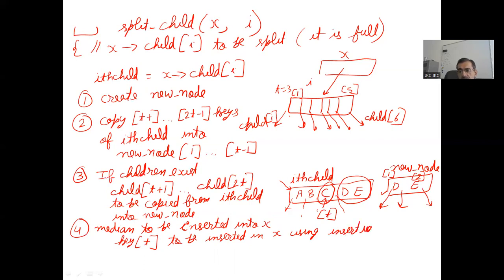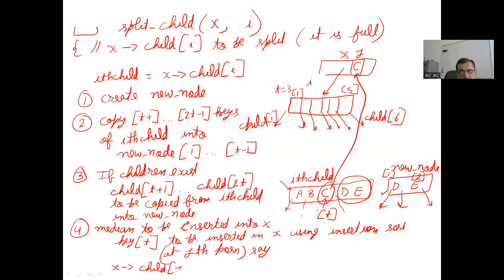So that will mean that somewhere at, let's say, the jth position, this will get added into X. Somewhere this is J, here I will get the value C. If C is copied at the jth position, then effectively X arrow child J plus 1 will be pointing to the new node, because that node is extra.